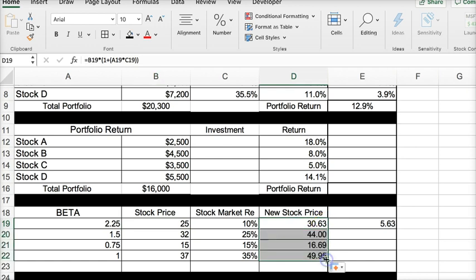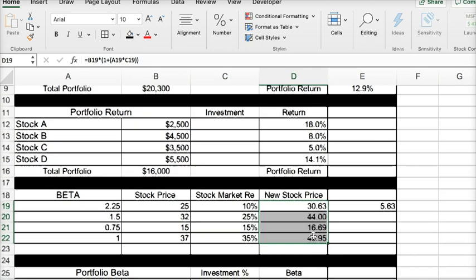So this is just a way to look at the relationship, if these are 4 different stocks in a portfolio, they all have different betas, they have different stock prices, and if relating them to different markets, this would be what the new stock prices would be if the beta coefficient was correct in predicting the movement of the stock price relationship to the market.